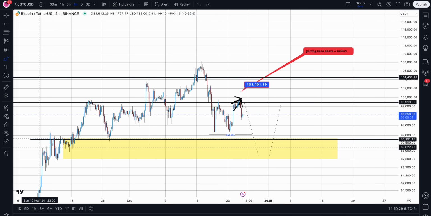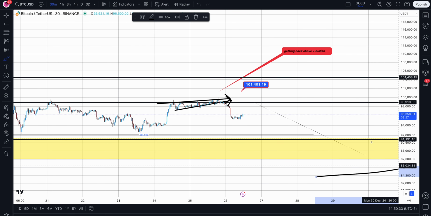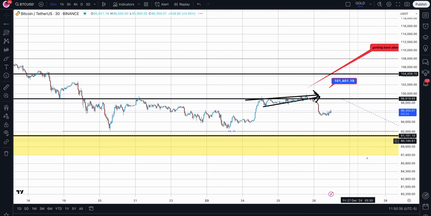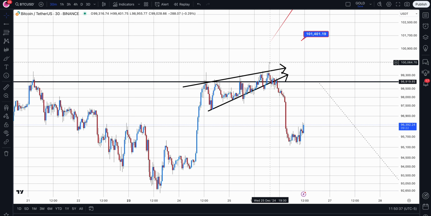I was telling my Discord members that I would tag this region and then come rushing down to tag the liquidity below 91,500. You see this level right here? Right around here, and that's exactly where this yellow region is. So if we look a little closer, we can see that we did just that. We tagged just a little bit above 99,500 right over here.